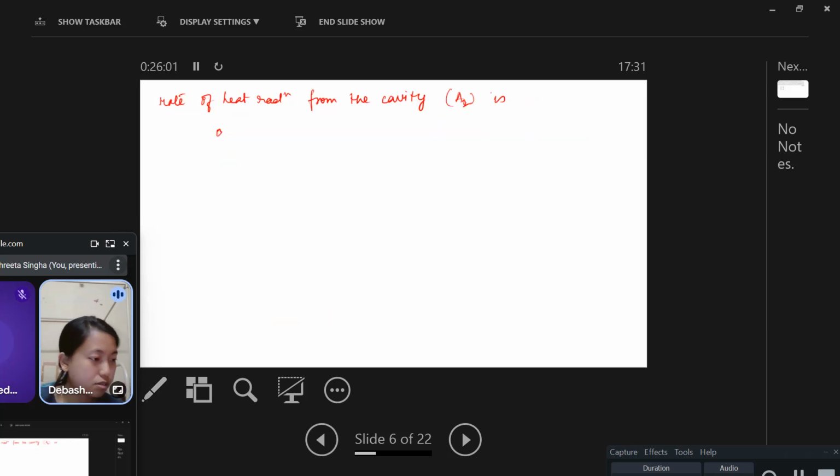So if you write these resistances, EB1 minus EB2 divided by the total.